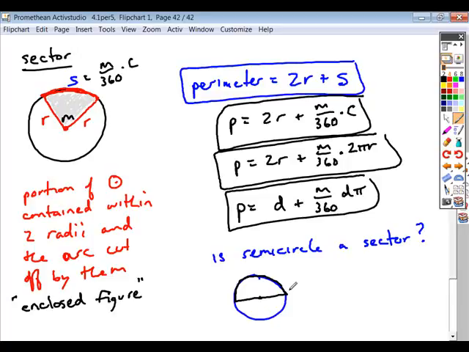Yeah. So a semicircle is always a sector. Right? Is a sector always a semicircle? No. Can it be though? Yeah. So if I said a semicircle is a sector, sometimes, always, or never true. Always true. What about a sector is a semicircle? Sometimes.